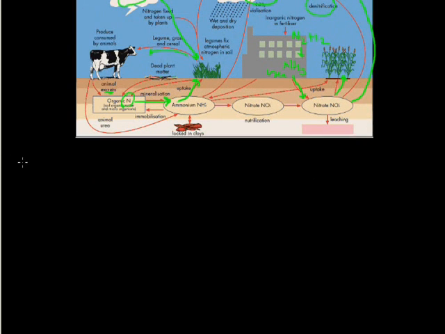So what is biological nitrogen fixation? Non-symbiotic and symbiotic biological nitrogen fixation.